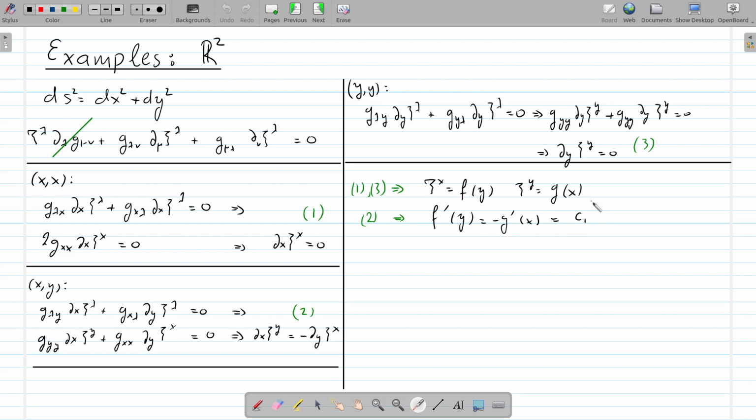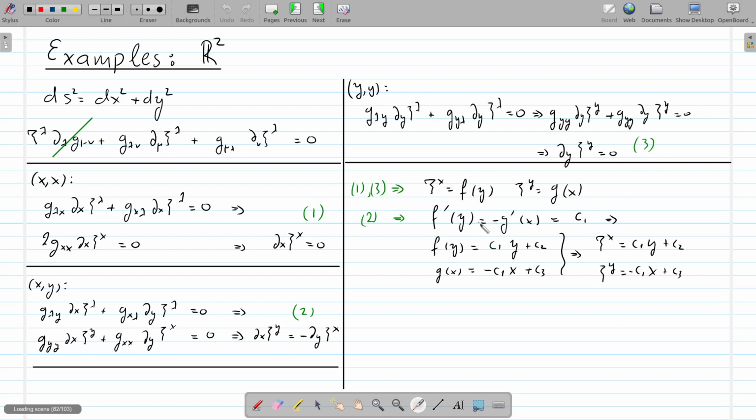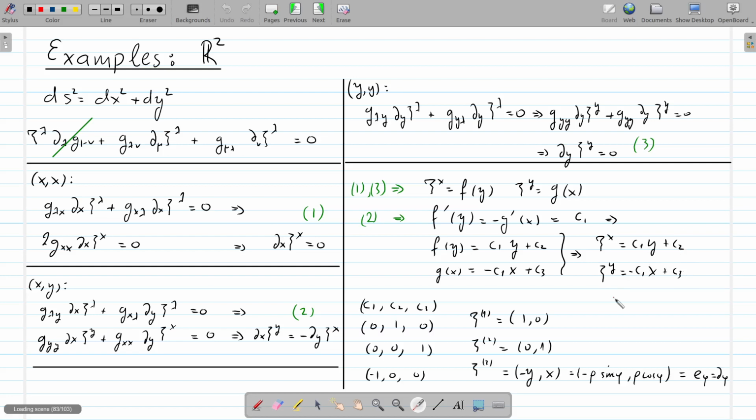So we call those derivatives a constant c1, and the solution is easily computed and gives us the components of the family of all Killing vector fields with 3 arbitrary constants c1, c2, and c3.